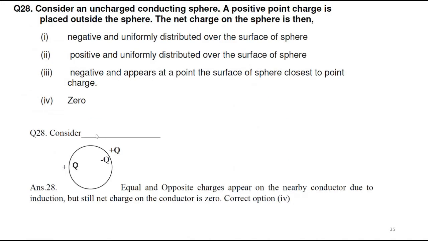Next question, question number 28. Consider an uncharged conducting sphere. A positive point charge is placed outside the sphere.